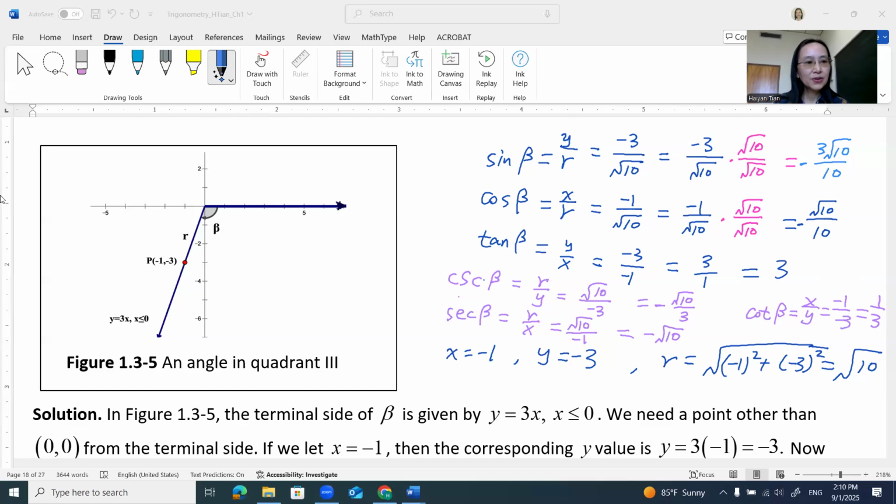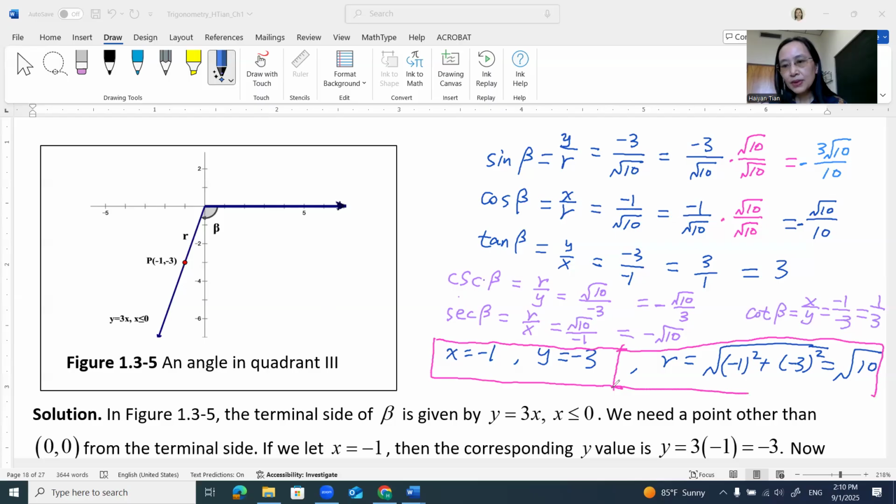So you see, in order to get the value, we had to make use of the xy coordinates of a point that is on the terminal side of the angle, and also the r value.